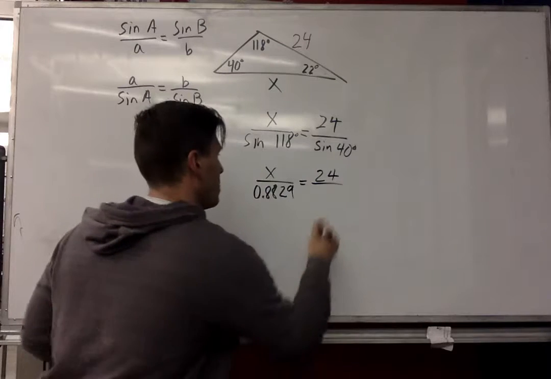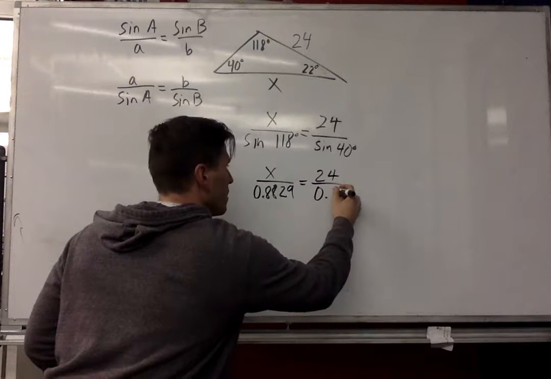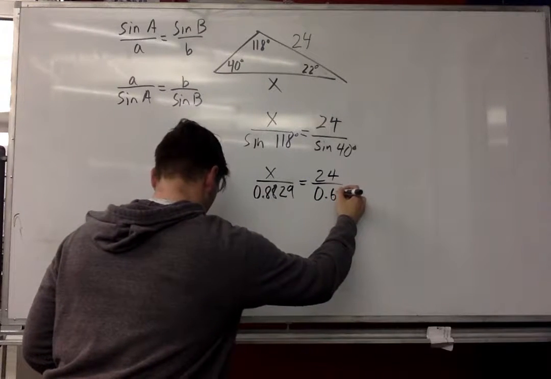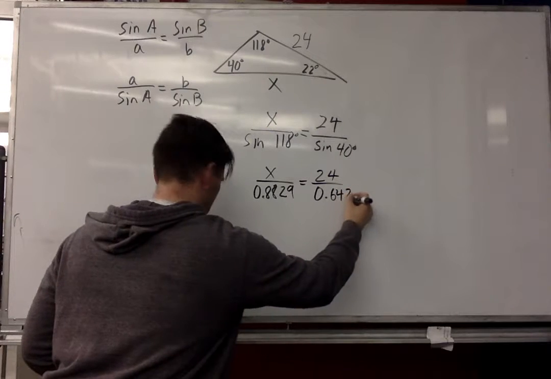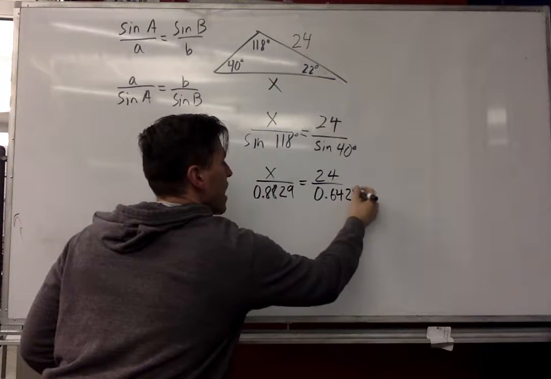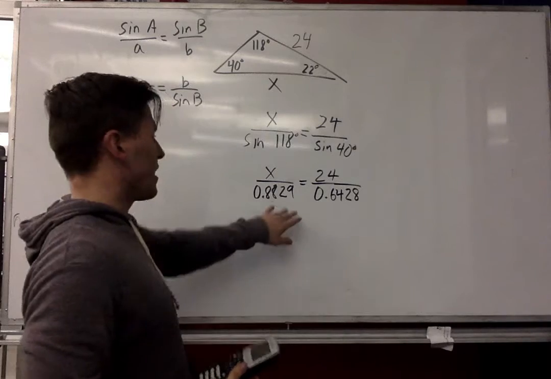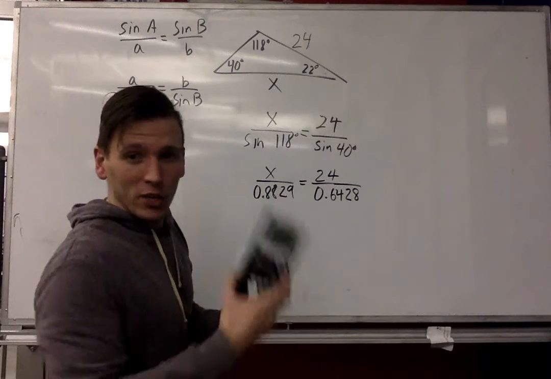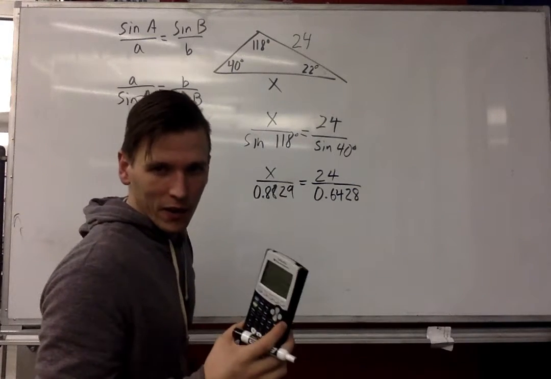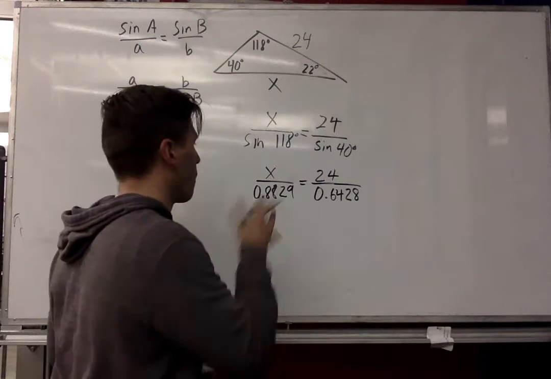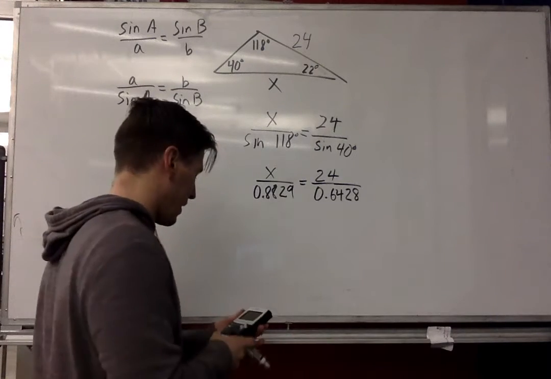Sine of 40 is 0.6428. Four decimals is pretty standard for this. I'm actually going to keep all the decimals when I use my calculator, but I just wanted to give you the feel for four decimals being a pretty standard length to take this to.